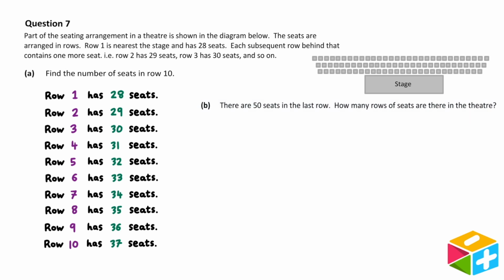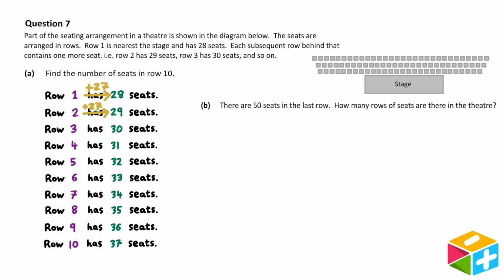To solve this question, we should try to spot the relationship between the row number and the number of seats. Row 1 has 28 seats. Since we need to add 27 to get from 1 to 28, the number of seats is 27 bigger than the row number. Row 2 has 29 seats. Again, the number of seats is 27 bigger than the row number.